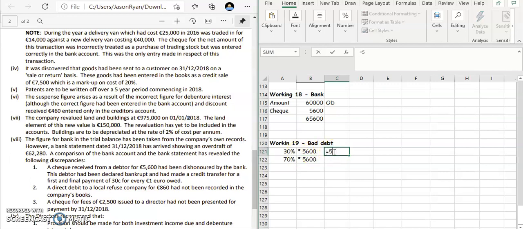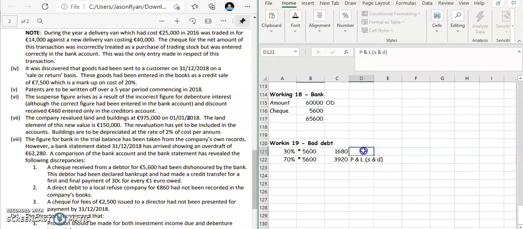So 5,600 multiplied by 0.3, and 5,600 multiplied by 0.7. So this here is our bad debt. That's going to go into your profit and loss as part of your selling and distribution.